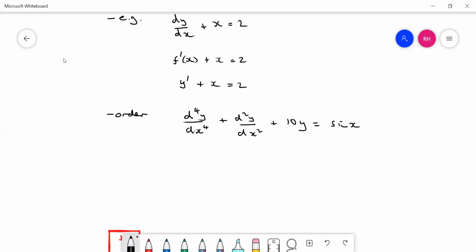That conforms with everything I've said about ordinary differential equations. Because of this 4 here, that's the highest derivative, so the order of this particular differential equation is equal to 4.